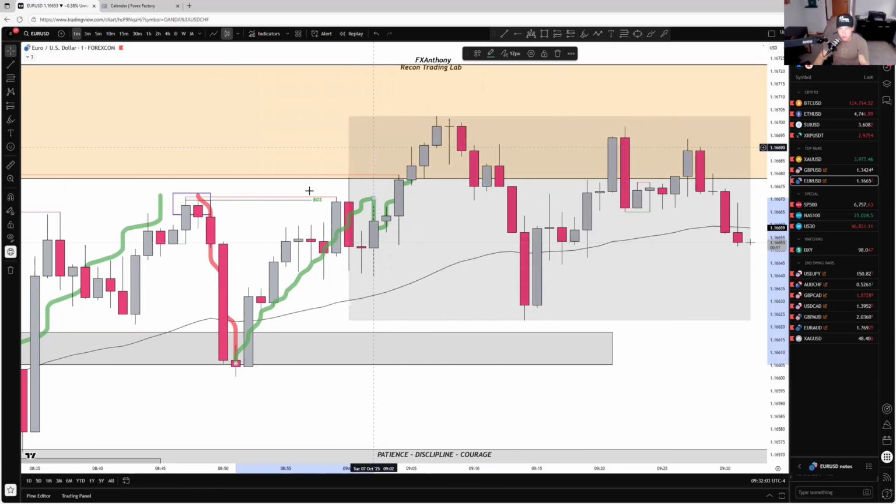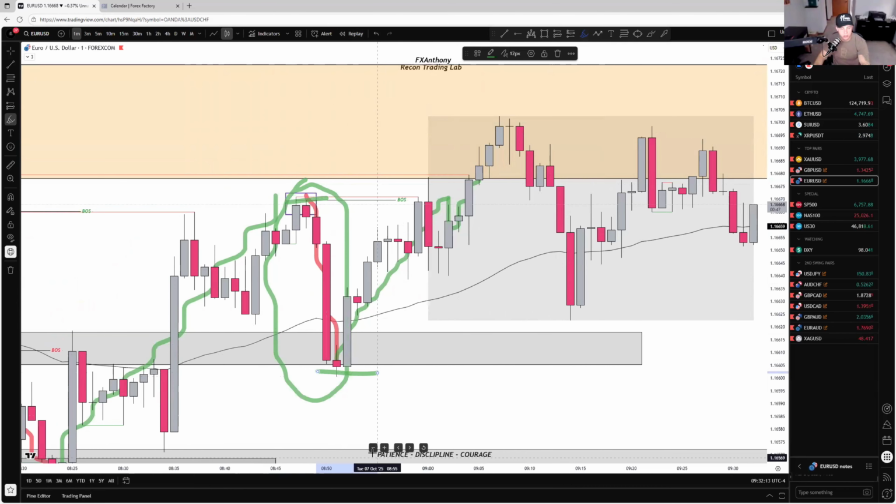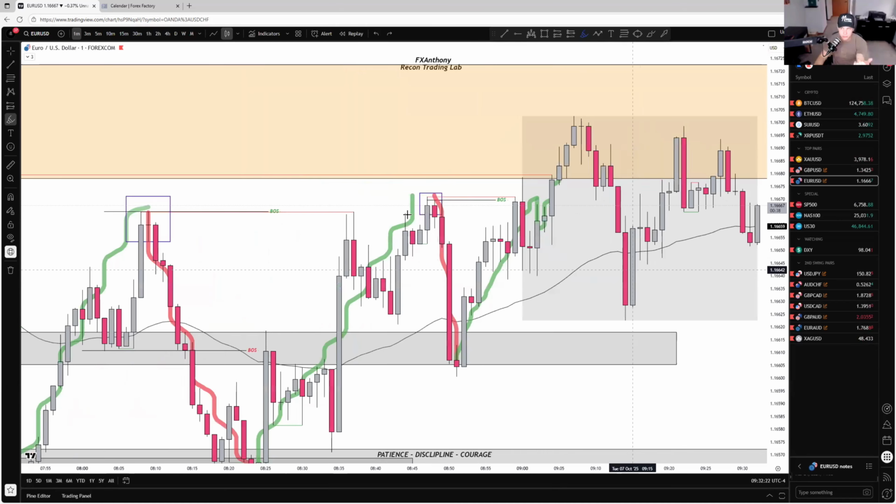At that point, this setup is ugly, and we are no longer interested because of this candle here, because the lower high and the lower low are so far apart that it pulls us so far away from our entry on a 1 minute that you can't take a 1 minute entry.